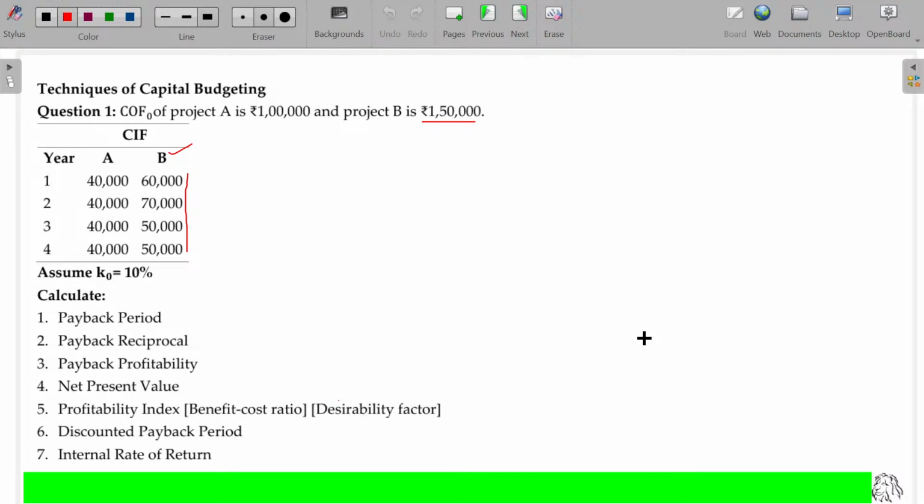Not necessary, but in your practicing period at home, you can guess yourself. You'll get lots of interesting values also. For example, I will do rough guessing this way. 60, 70, 50, 50. What's the value overall? 1 lakh, 2 lakhs 30. Am I right? 2 lakhs 30 for 4 years, per year roughly 65. 65 per year roughly means for 150 of investment, how much are you getting? 43.